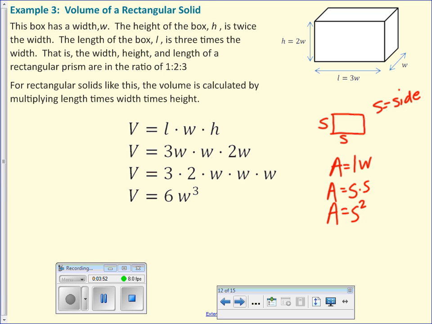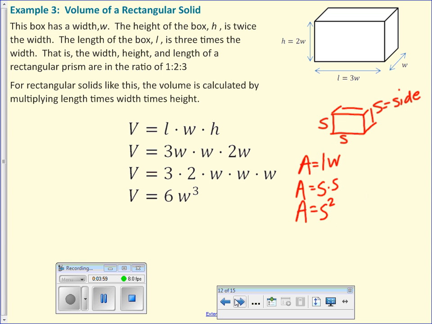Suppose we change that to volume. So we have length, width, and height. We always write the formula first, formula to answer.